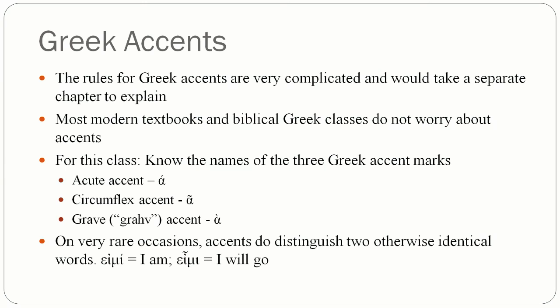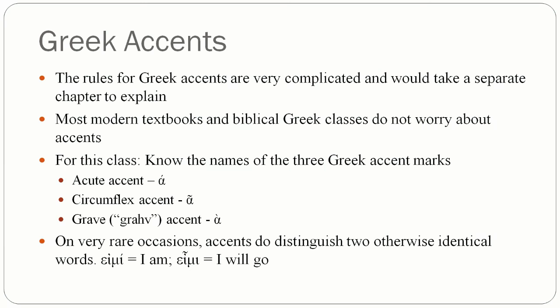On very rare occasions, you do have words that look identical to each other, with the exception of the accent mark. If that is the case, I will point those out and ask you to memorize the word with the accent mark, so you know which word we're talking about.